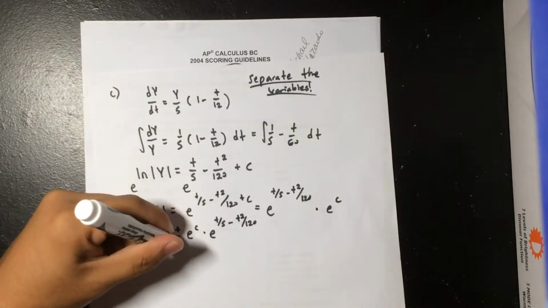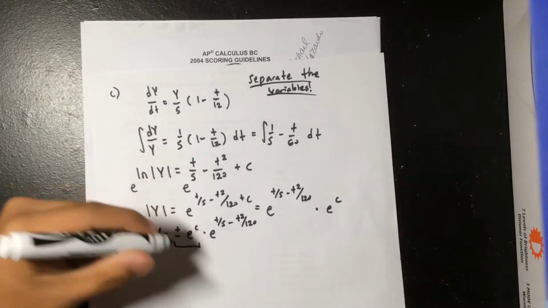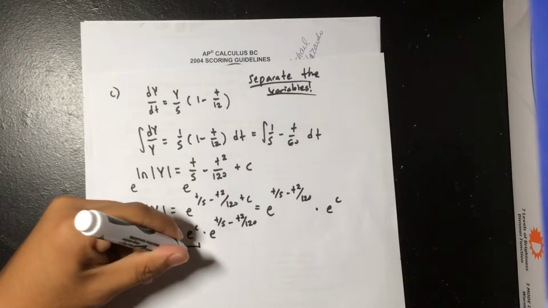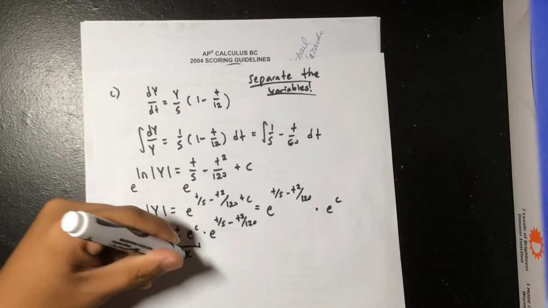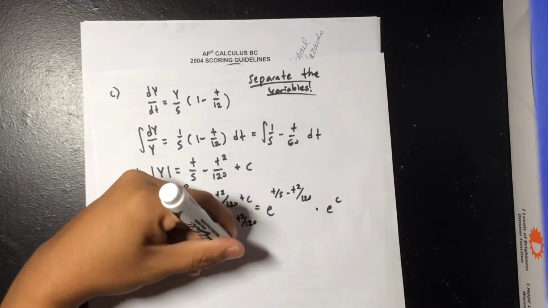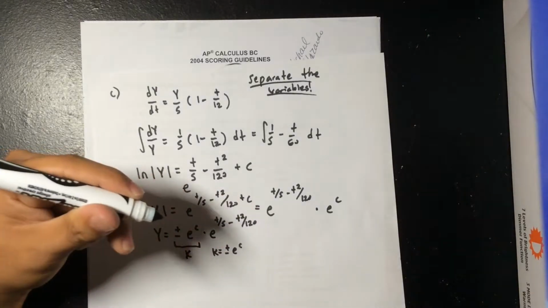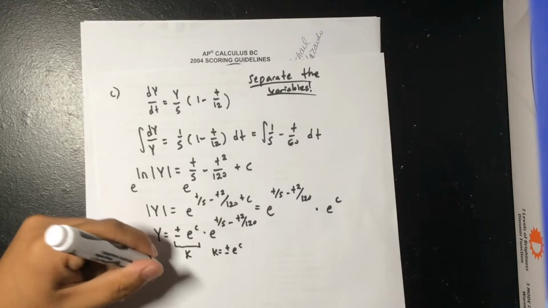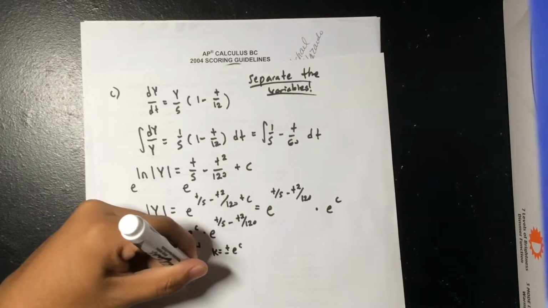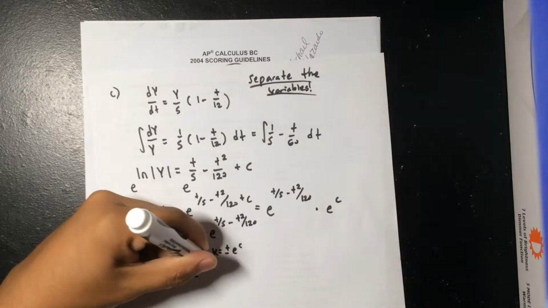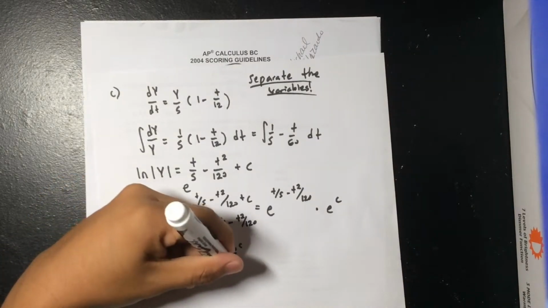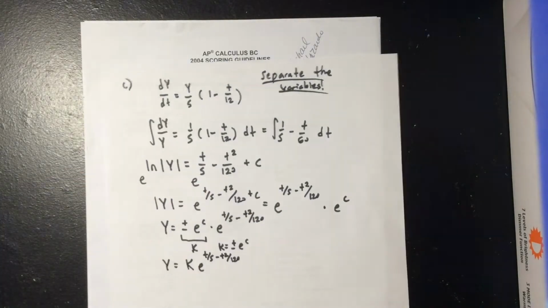Now usually we just simplify this. We can call it a different variable, so we can just call this k. So k is equal to plus or minus e to the power of c. So basically we get y is equal to k times e to the power of t over 5 minus t squared over 120.